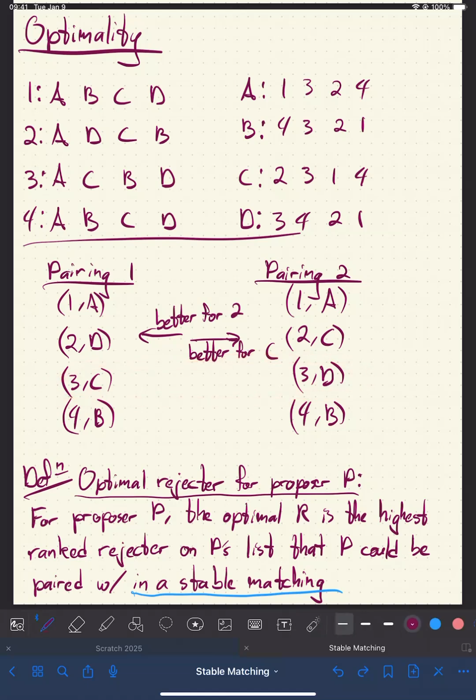In this case, 3 does seem to prefer C to D. So on this side, this is actually better for 3. And what about D over here? Well, this side is actually better for D. So this is a little interesting. Let's just call these the proposers and these the rejectors.